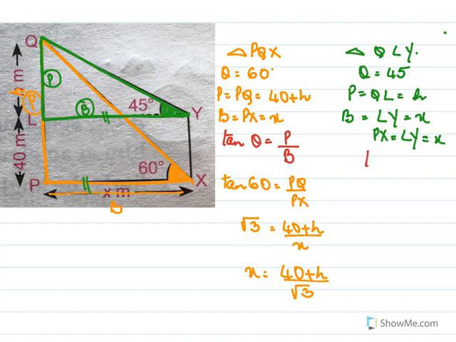So we do tan theta, perpendicular over base, and that is tan of 45.